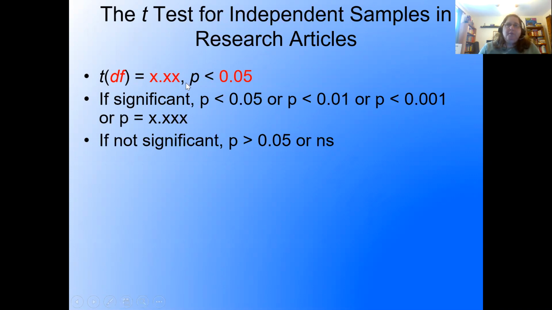Then you'll see a comma, p less than whatever your alpha was.